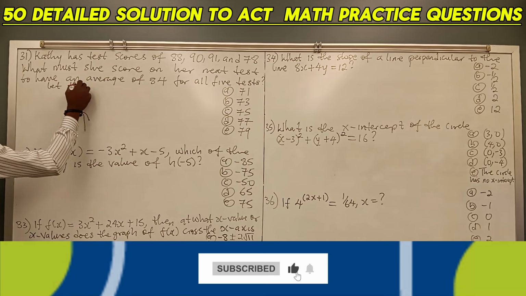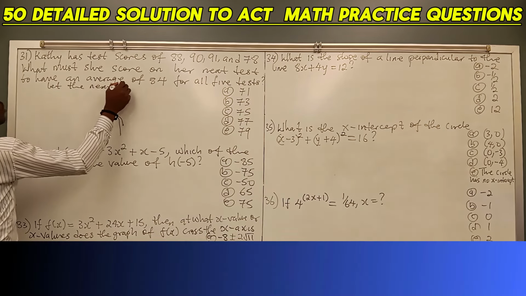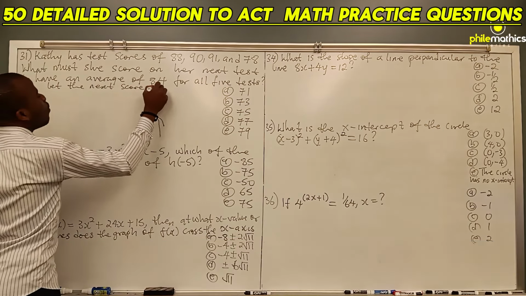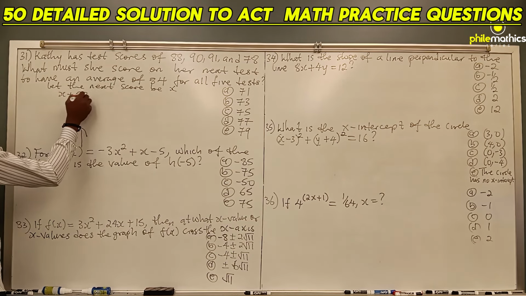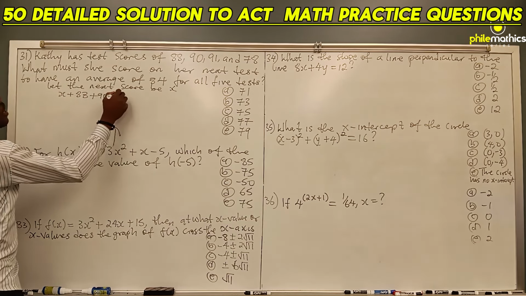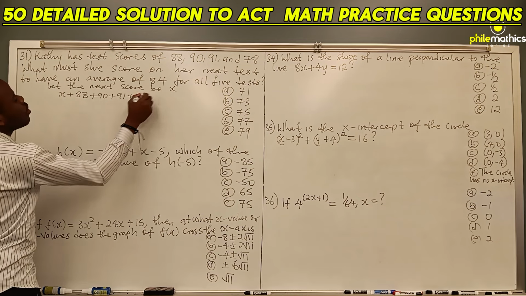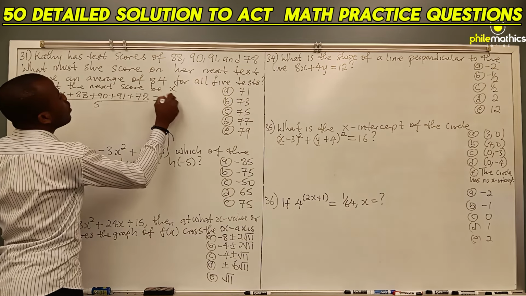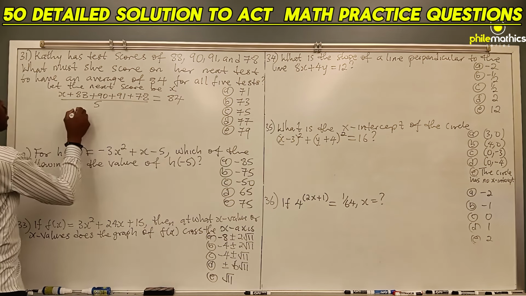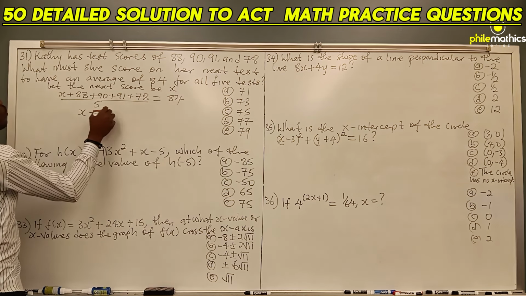let the next score be x, so that x plus 88 plus 90 plus 91 plus 78 over 5 must equal 84. If you add this together, you will have x plus 347.